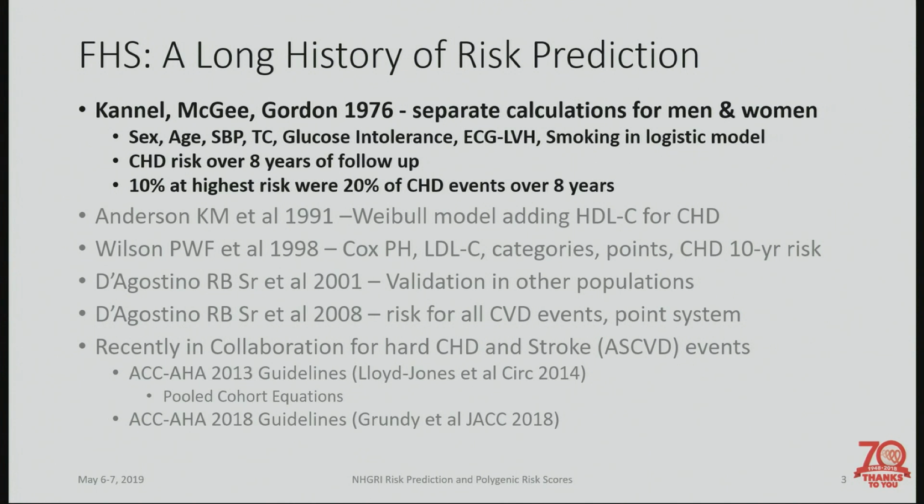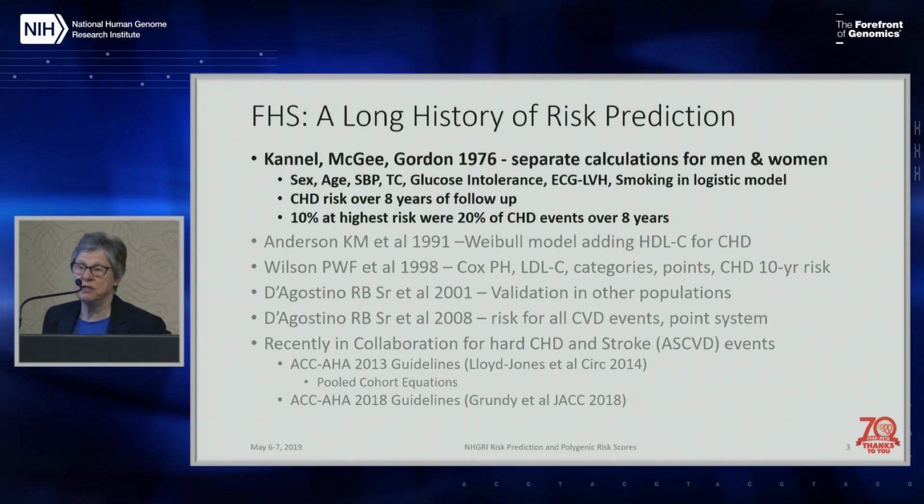They used sex, age, systolic blood pressure, total cholesterol, glucose intolerance, aka diabetes, left ventricular hypertrophy, and smoking in a logistic regression model. They were predicting CHD, the development of CHD, over 8 years of follow-up, and they found that the 10% of individuals at the highest risk category accounted for 20% of the events.